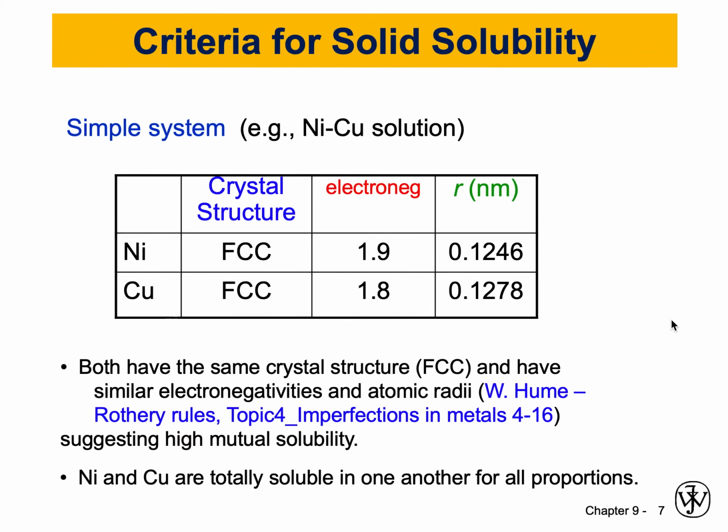So the Hume-Rothery rules say that your elements need to have the same crystal structure, face-centered cubic, and that's the case with nickel and copper.